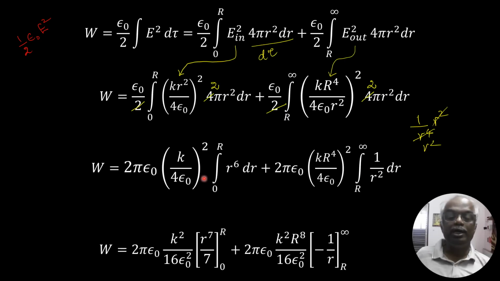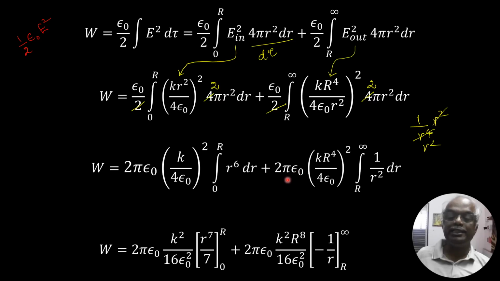Now we can square it, that is it will become k squared. Of course you have taken 2 pi epsilon naught as it is. This will become k squared, 4 squared is 16, and epsilon naught squared. Similarly, if you integrate this, you will get r power 7 over 7, and you have to apply the limit 0 to r.